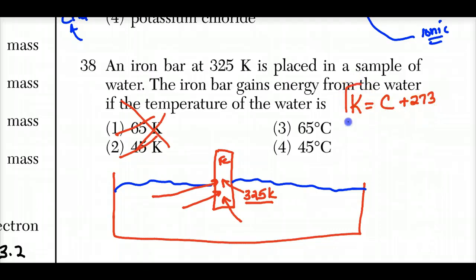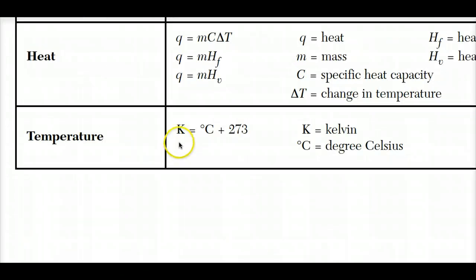Now I'm getting this formula from table T. And there it is in all its glory. Notice the Kelvin doesn't have a degree sign. A Kelvin and a Celsius degree are the same size. It's just that Kelvin has no negative numbers. It starts 273 degrees sooner. It's an absolute scale. So that's my formula.